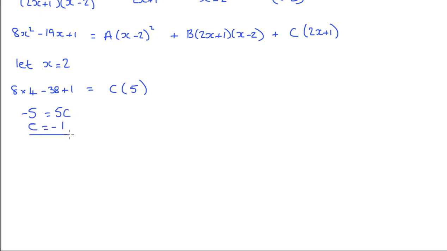So there's 1 done. I'm going to let x equal minus a half now to get that second bracket to disappear. So we're going to have 8 lots of a quarter minus 19 over 2, plus 19 over 2 plus 1. I'll work that out again in a minute. Here we're going to have a lots of minus 5 over 2 squared.